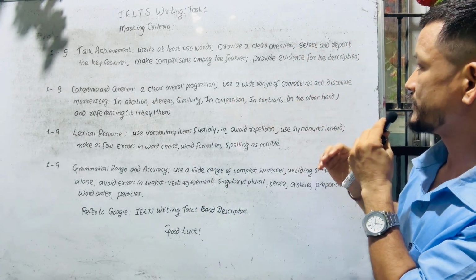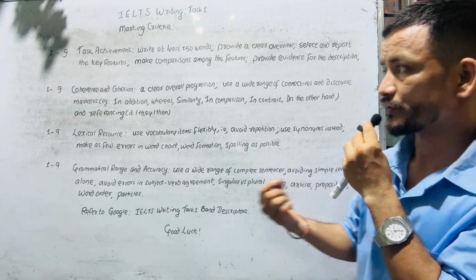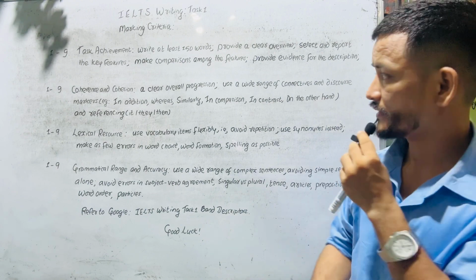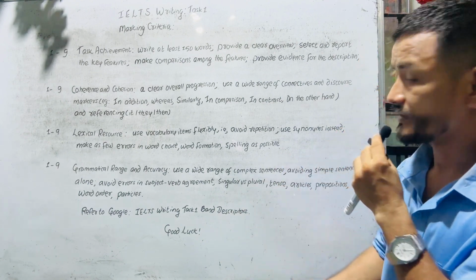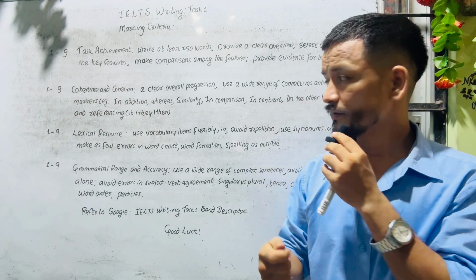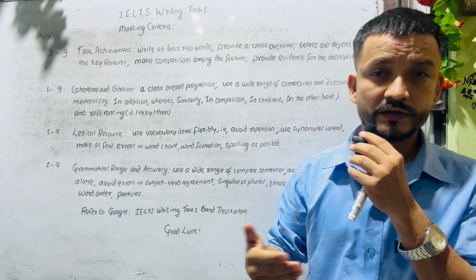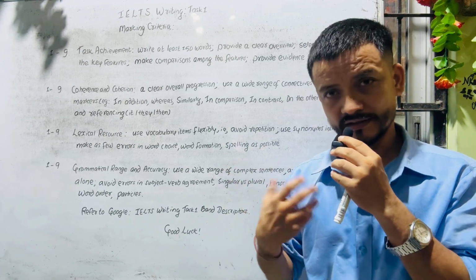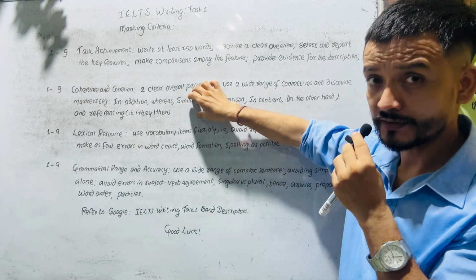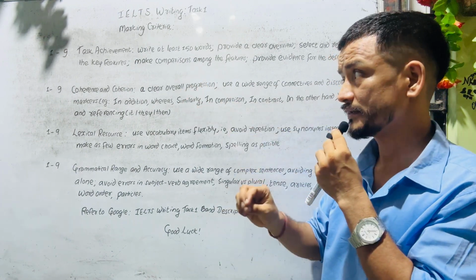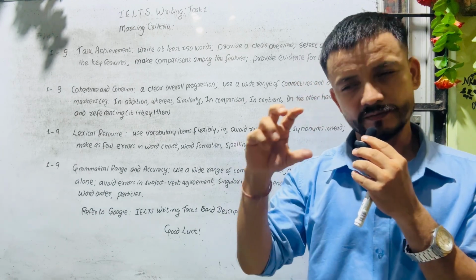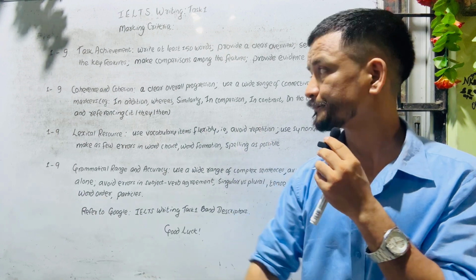Next, use a wide range of connectives and discourse markers. For example, in addition, whereas, whilst, similarly, in comparison, in contrast, on the other hand, and also referencing: it, they, with, them, etc. And if you want to get a better score, use these linking words and discourse markers not always at the beginning of your sentences, sometimes in the middle, sometimes at the end.